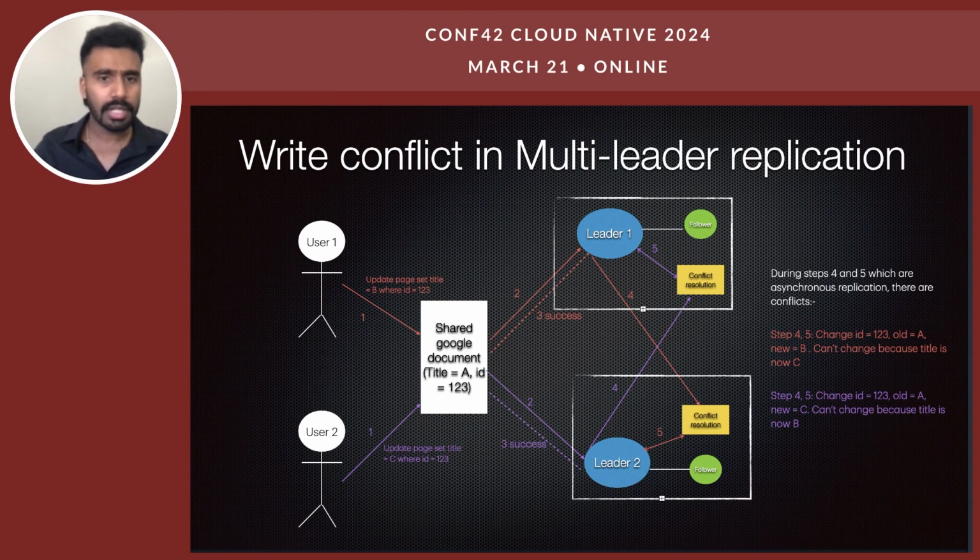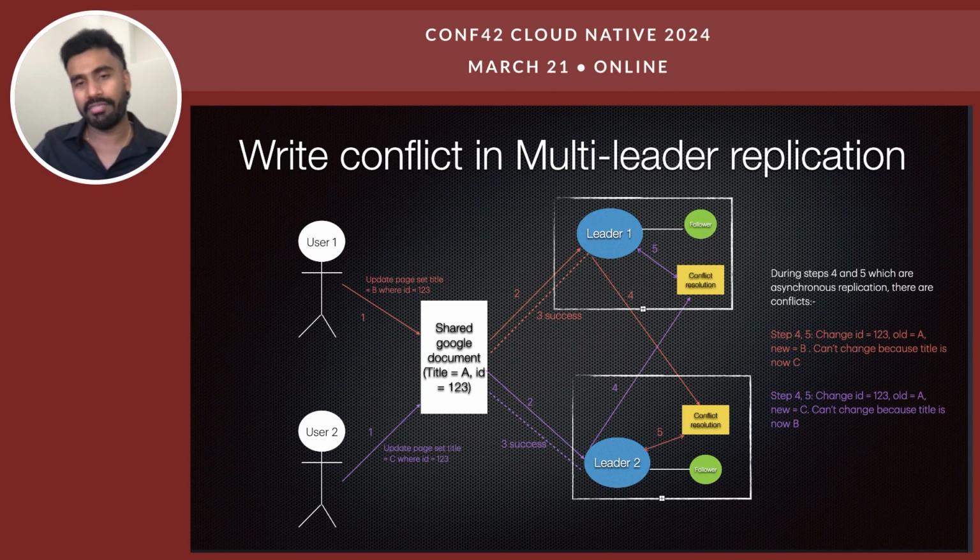So let's focus on steps 4 and 5 now. Like I said, replication involves copying data from one data center to the other asynchronously so that they're all consistent. And the way the data is synchronized between the leaders, leader 1, 2, and there can be a lot of leaders, leader 1, 2, 3, 4, 5, there are a lot of topologies for it, say star topology, ring topology, mesh topology.